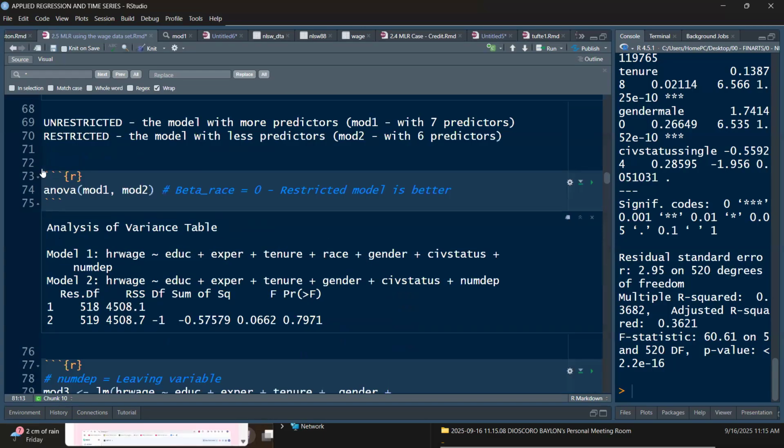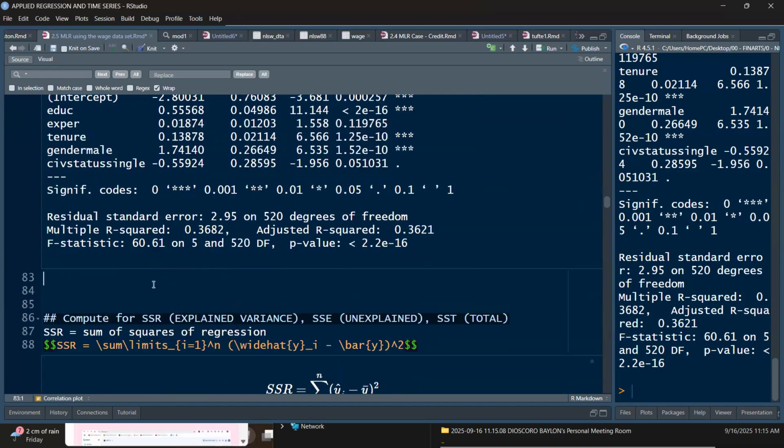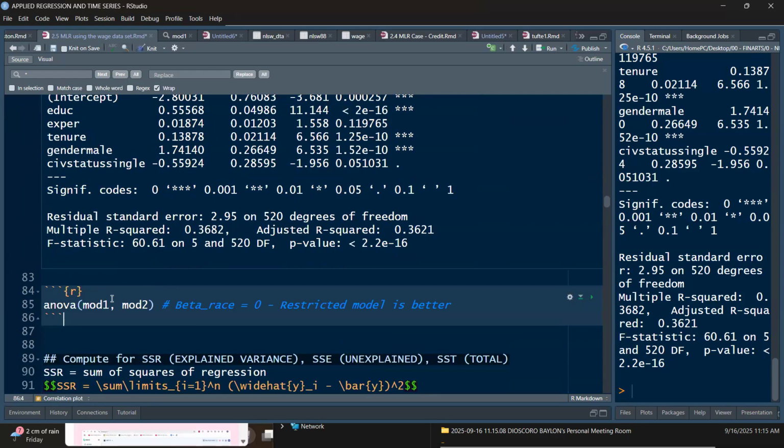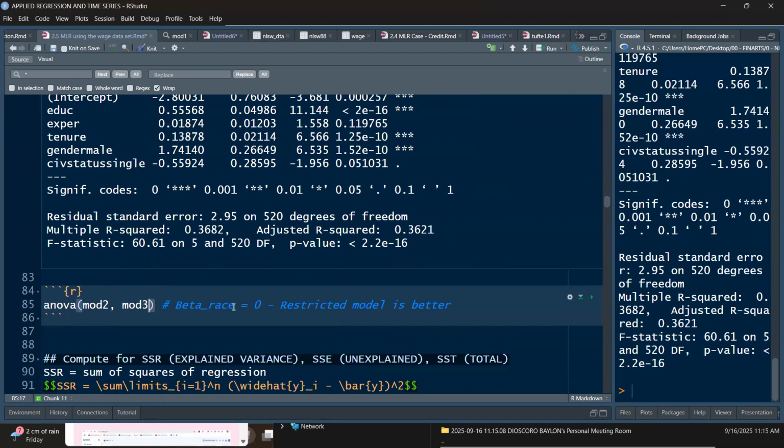And let's do ANOVA here. Just copy this. Control C. Control V. And we're testing model number 2 and model number 3. And our null hypothesis here is that beta of number of dependents is 0, because that's what we removed.